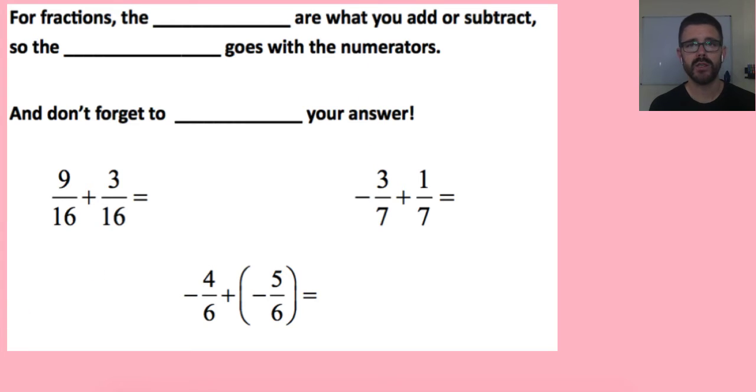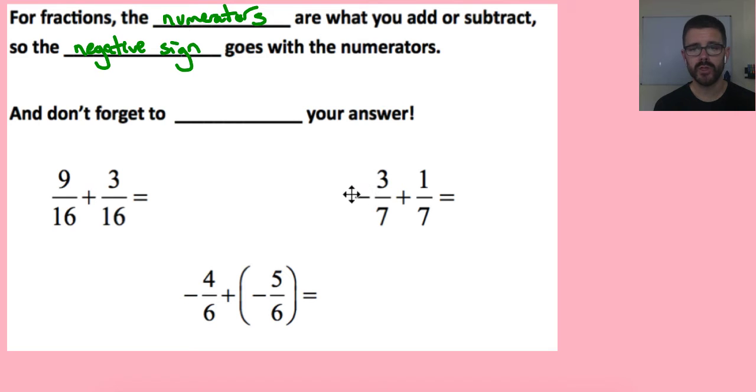Same thing with fractions, and for today we're focusing on just ones with a common denominator, a like denominator. So with fractions, the numerators are what you add or subtract. So the negative sign goes with those numerators.